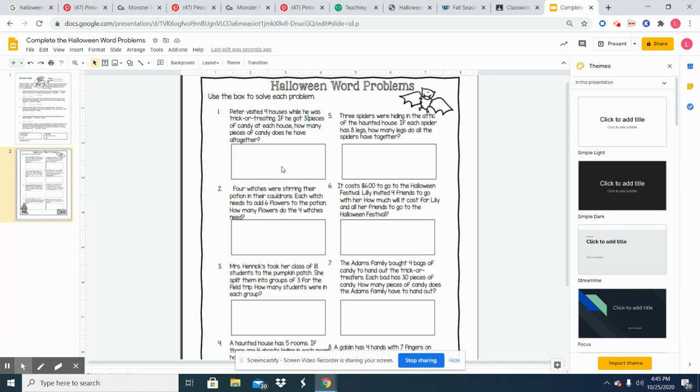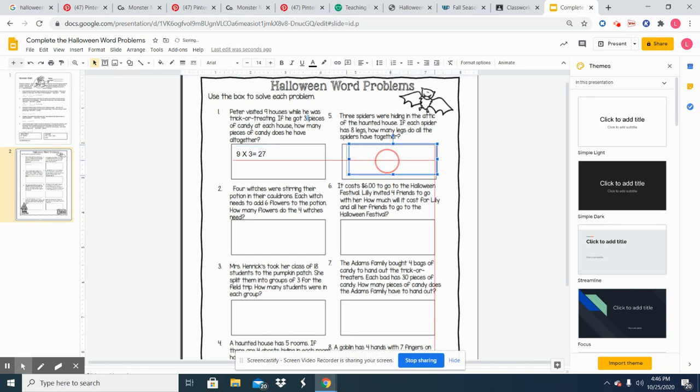So in this text box here, I am going to put 9 times 3 equals 27.